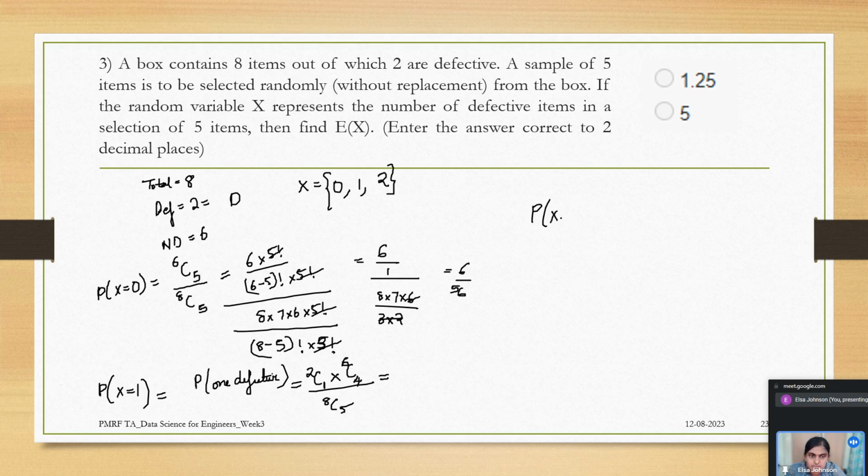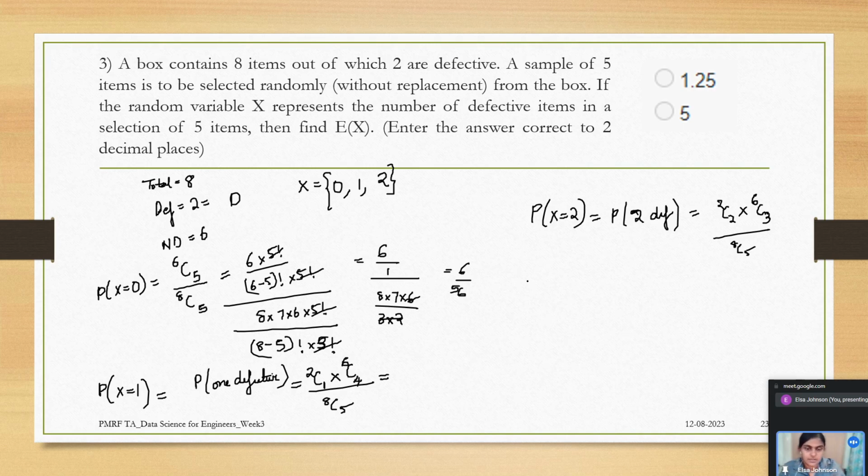And next thing is the probability of x equal to 2. That means the probability of 2 defective. Okay, that means 2C2 into the rest, 6C3, by 8C5, right? These are the things.